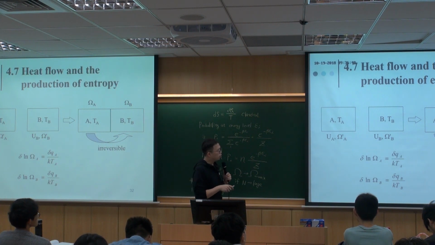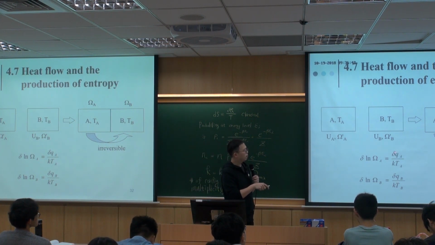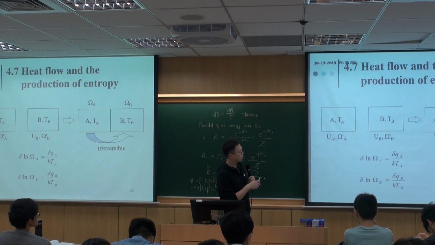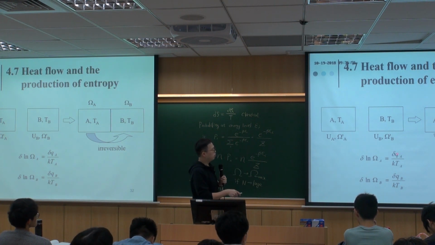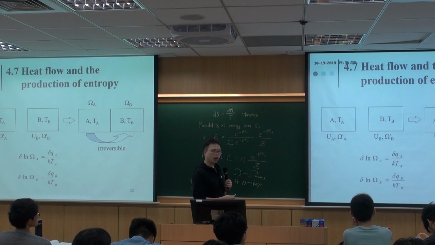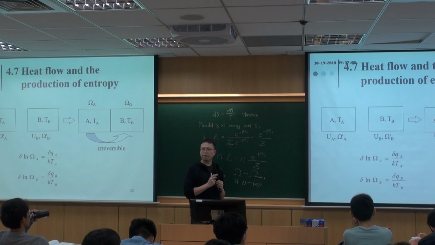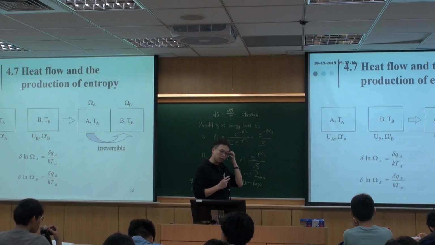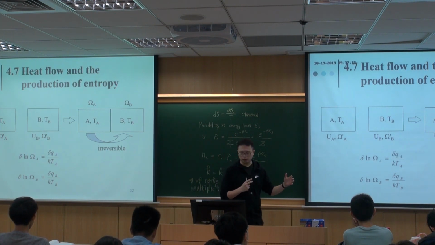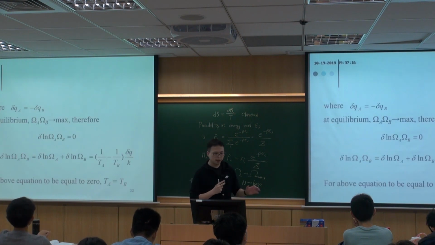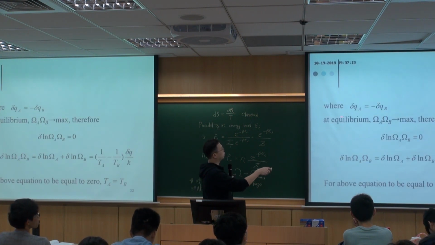And more importantly, we know that during this process, delta QA, the energy or the heat flowing out of system A, will be the same as the energy or the heat going into system B. So essentially, if you add delta QA and delta QB together, it should be 0 because the heat is flowing from system A to system B, and the amount of that heat is the same. Okay, so it's basically transferring the heat from system A to system B. So if that's the case, we know this is true.